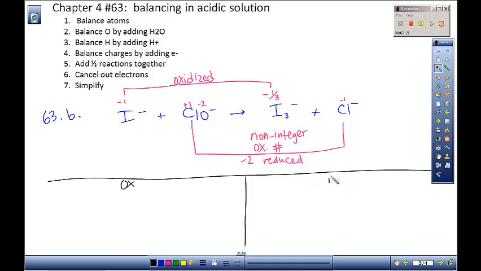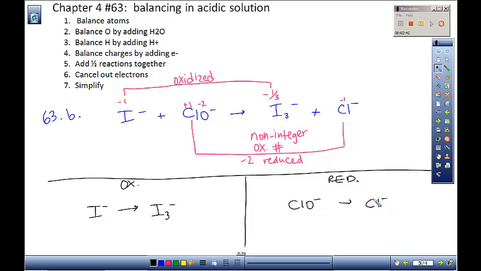Oxidation and reduction. And here it would be iodide ion being converted to this ion, and the reduction reaction is hypochlorite being converted to chloride.